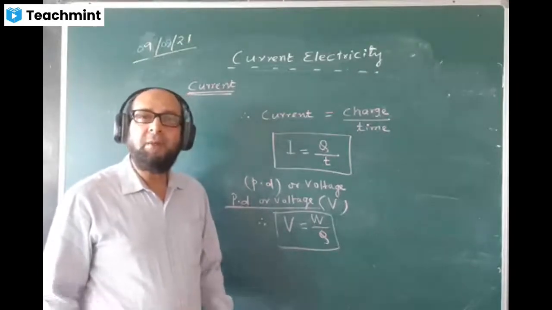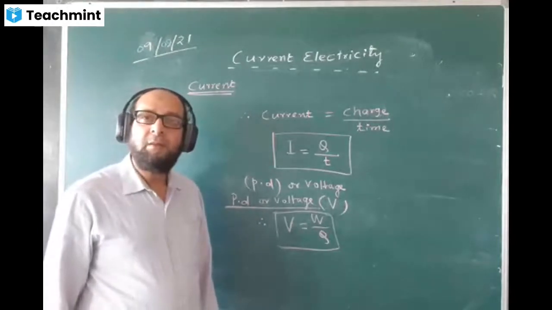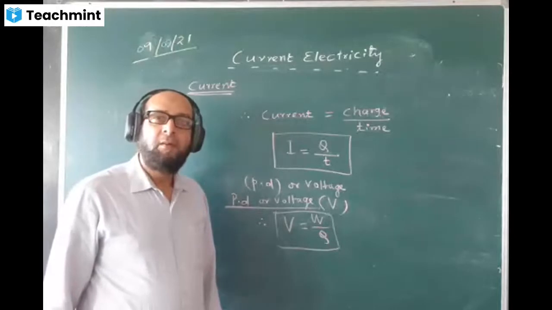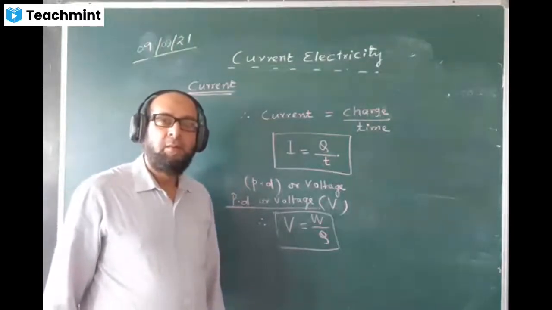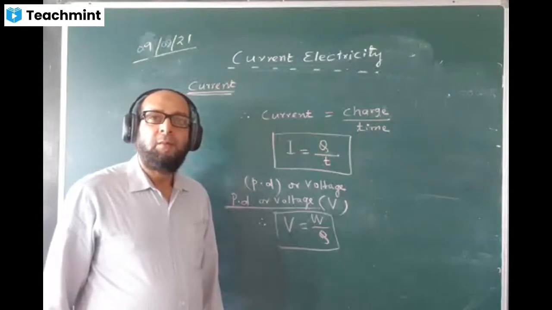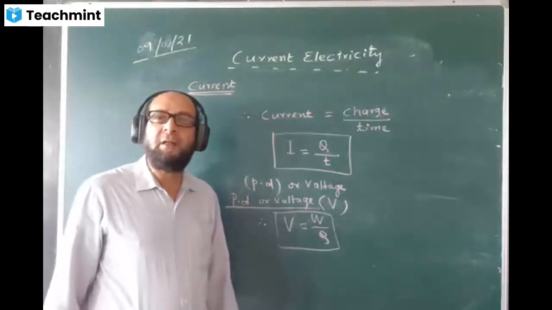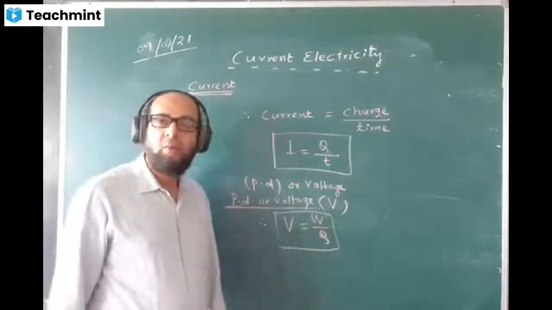What did you write? Tell me first. It is the amount of work done per unit moving charge between the 2 points in an electric circuit. Finish. And then write V is equal to W by Q.